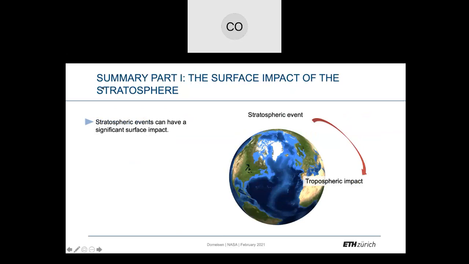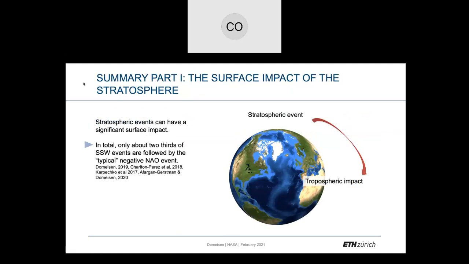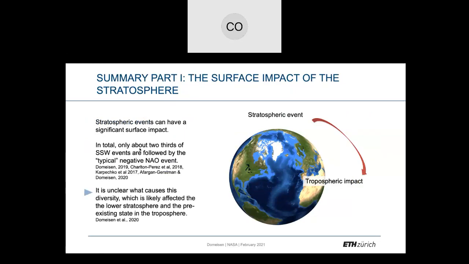So in summary of that first part, the stratosphere can have a significant surface impact. About 2/3 of the sudden warmings have this typical NAO impact. It's not really clear what actually causes this diversity.